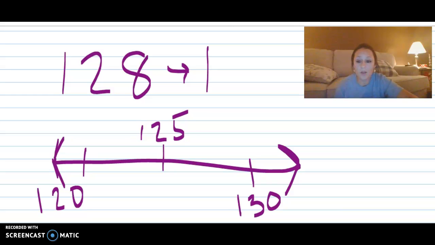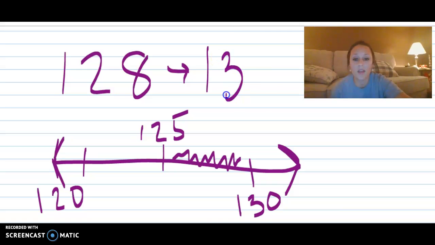On my number line, I know that 128 is greater than 125. It's going to be somewhere in here, which tells me I round my number up. What does 128 round to? You should have written it rounds to 130.